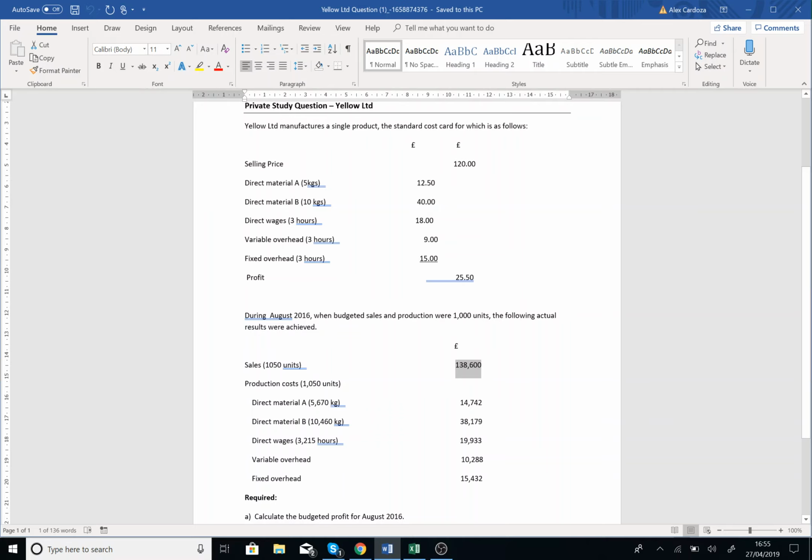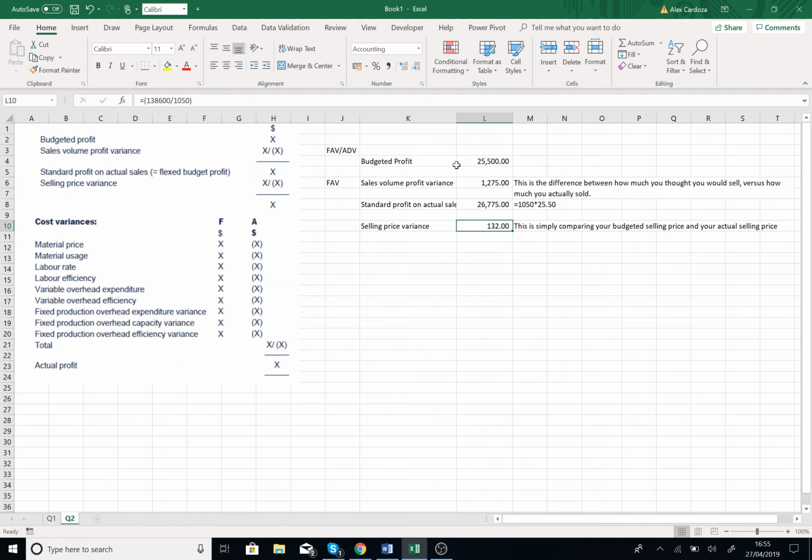So what does that tell us? We have another favorable variance because we've sold at a higher price. So 132, so it's favorable. But you need to make that a difference, so it's a variance. It's a difference between what you thought you would get versus what you actually got. So you take the 132 and you minus 120 from it.